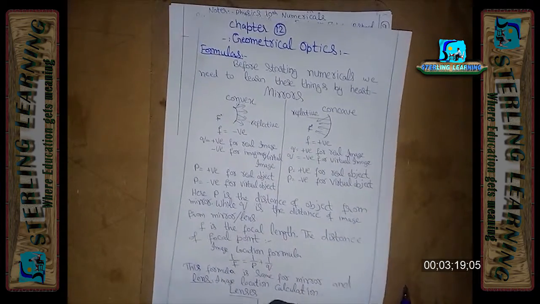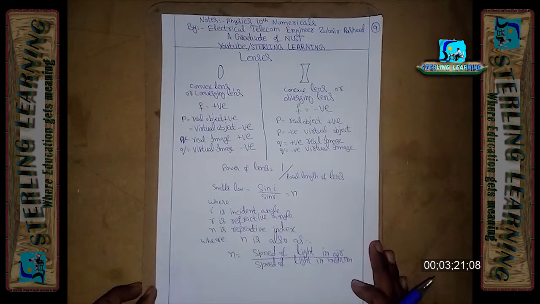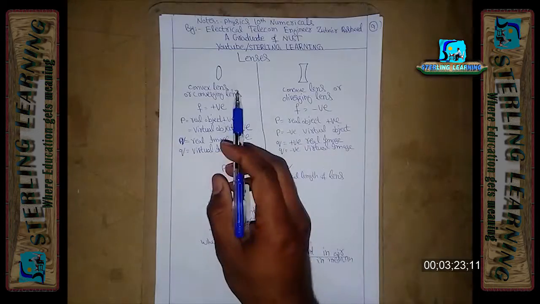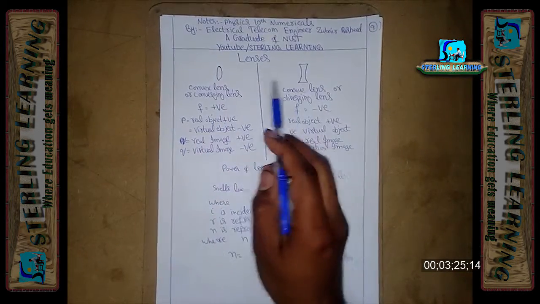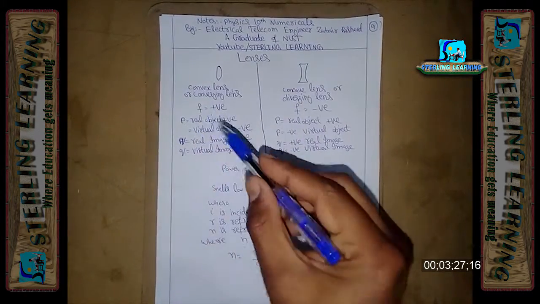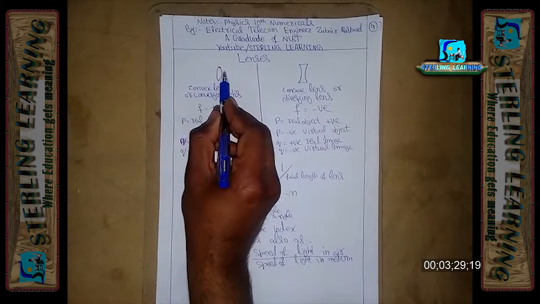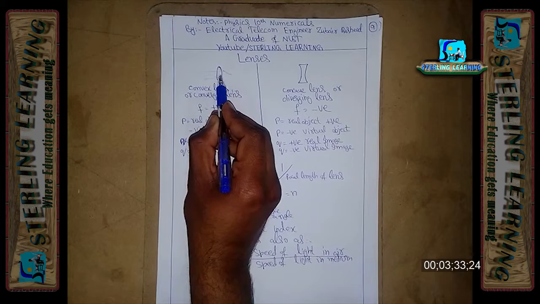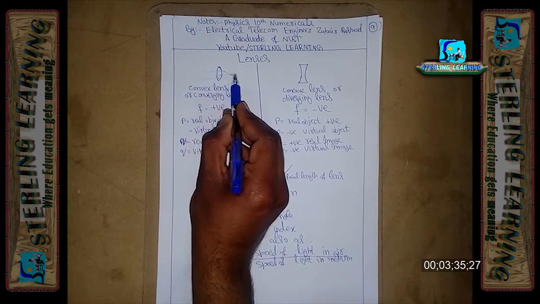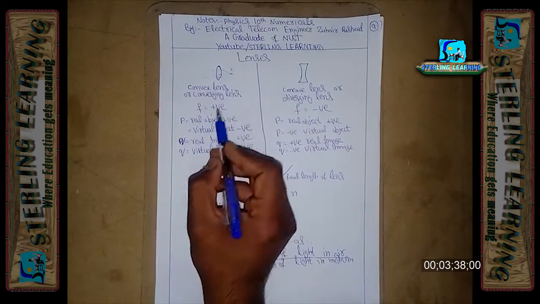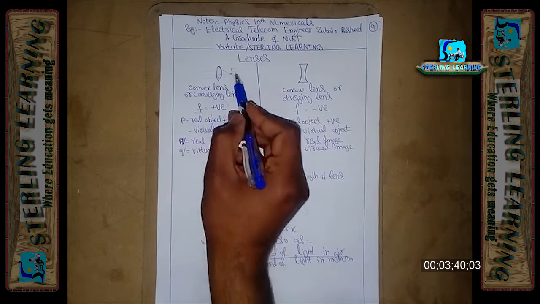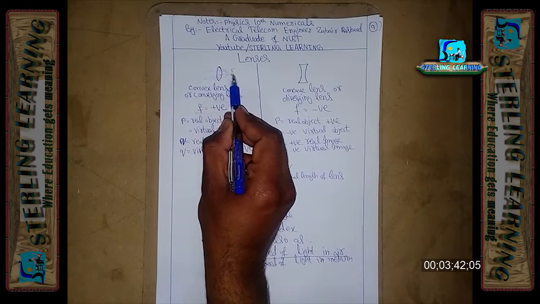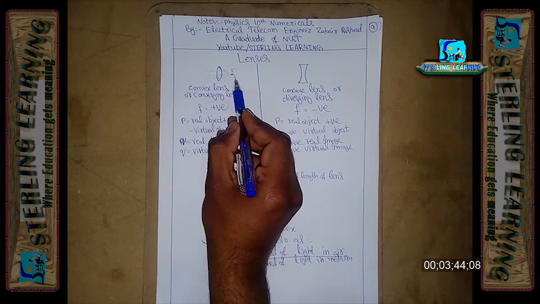Let's talk about lenses. In lenses we have convex lens and concave lens. Convex lens is also called a converging lens because light comes into this lens and converges to one point, the focal point. So its F is positive because the light actually passes through that focal point.